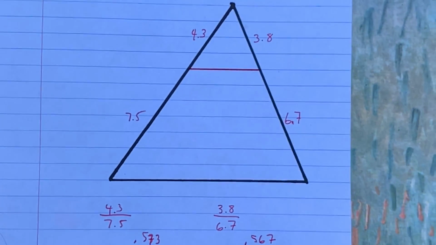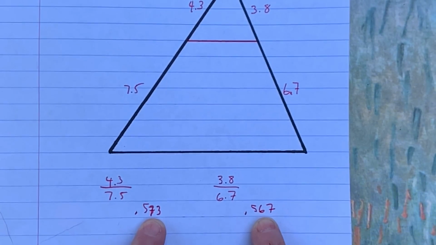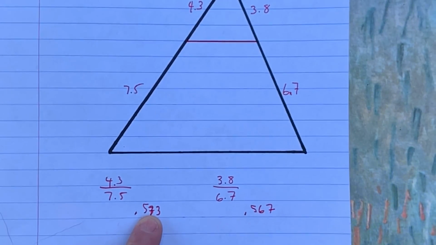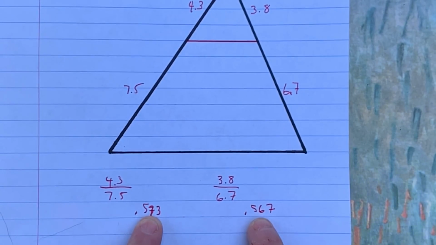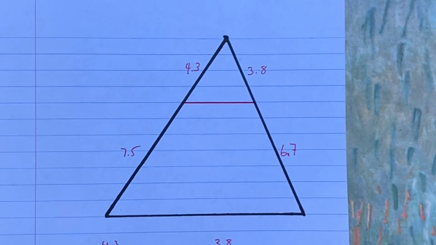Those are not exactly equal to each other, but gosh, they are so darn close. As a matter of fact, if I rounded to the nearest hundredth, 0.57, this would also be 0.57. Considering I'm not a robot, it looks to me like we might have a thing going on here.